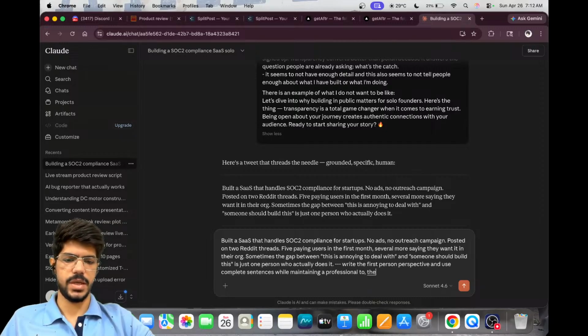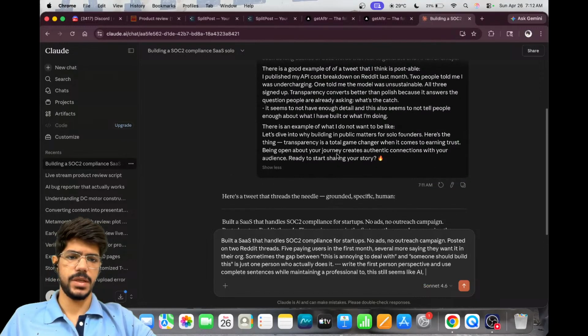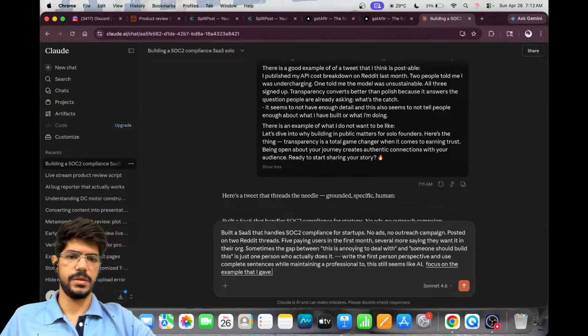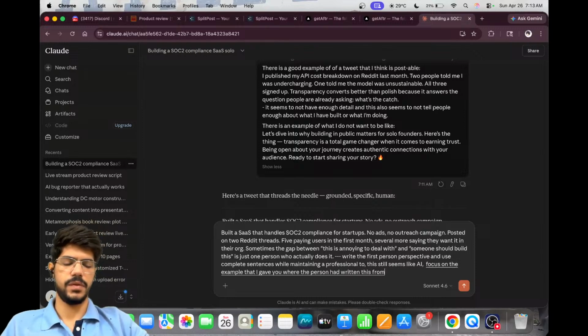This still seems like AI. Focus on the example that I gave you, where the person had written this from the first person perspective and used complete sentences.